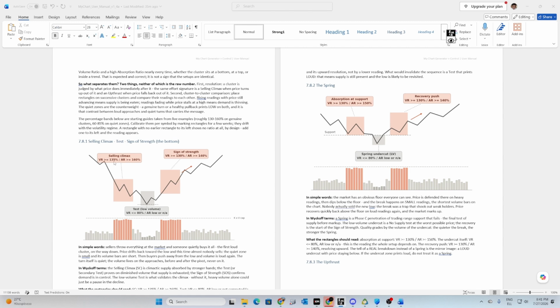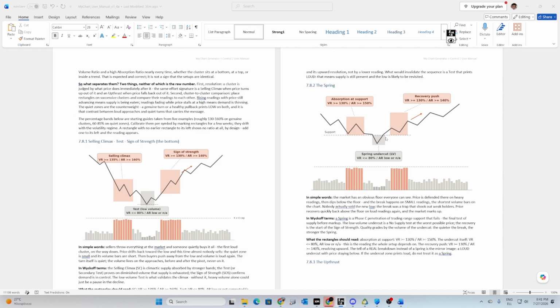You will see high volume ratio, high absorption ratio. Then on the down move, you will see very low VR and AR, and on the up move, breaking, you will see again high volume and absorption ratio.